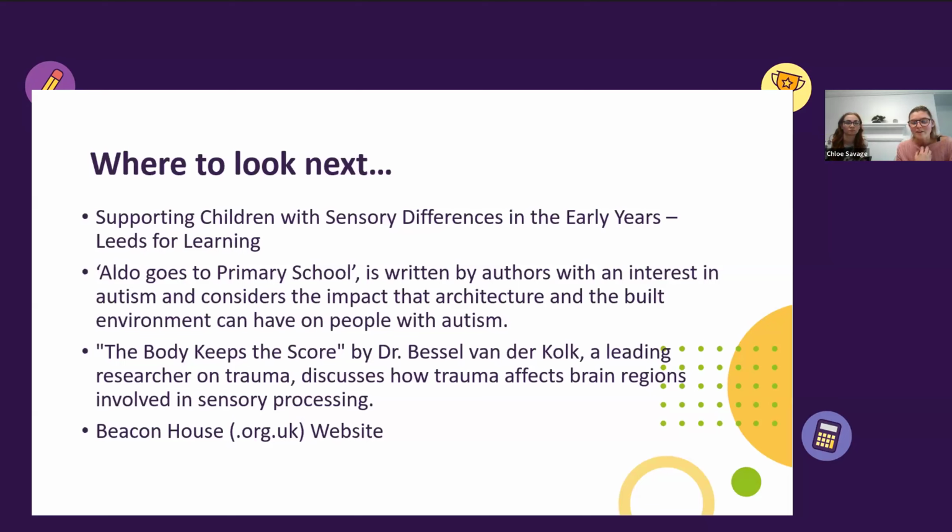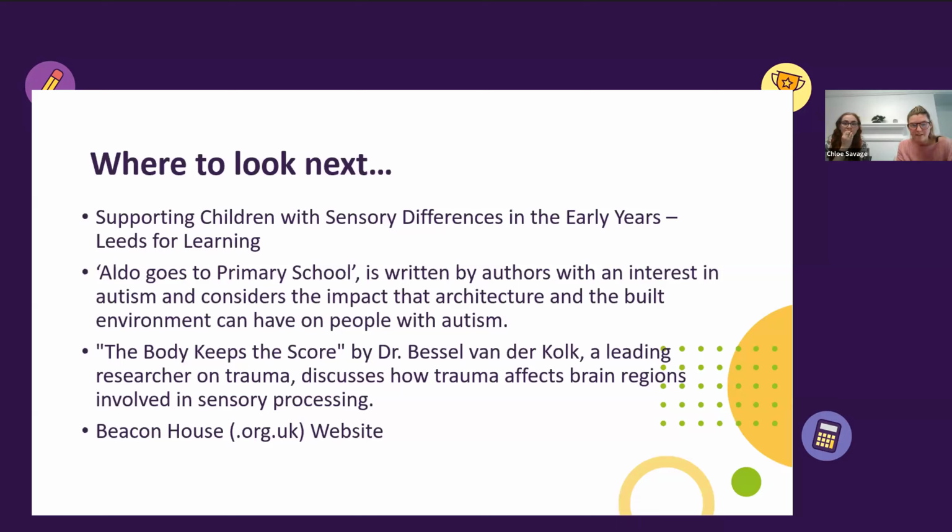The Body Keeps Score is a fantastic book, very psychologist, so I love it. But it is all about trauma. It's about how trauma affects our body and our brain, and how it's all entwined, and how it does result in things like the sensory differences we've talked about today. It'll give you a real understanding of what may be going on for some of your students in the classroom who may have experienced adverse experiences.